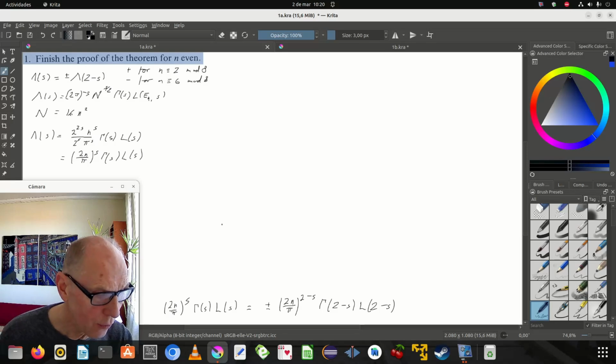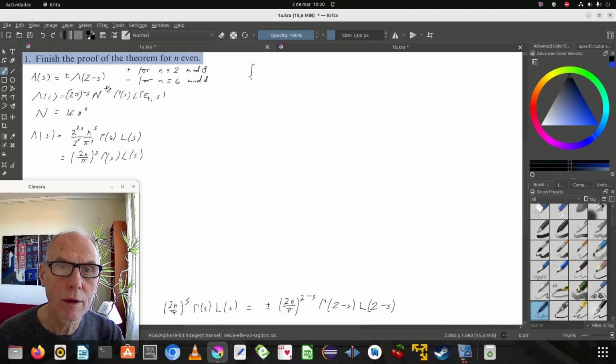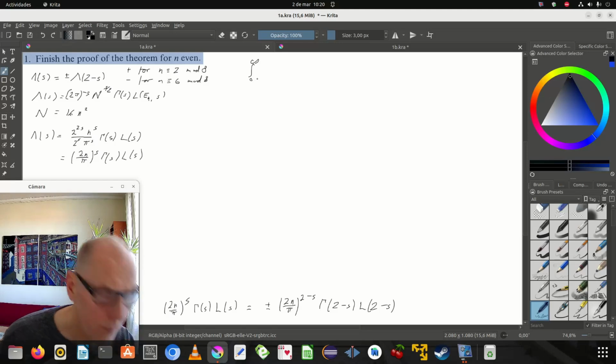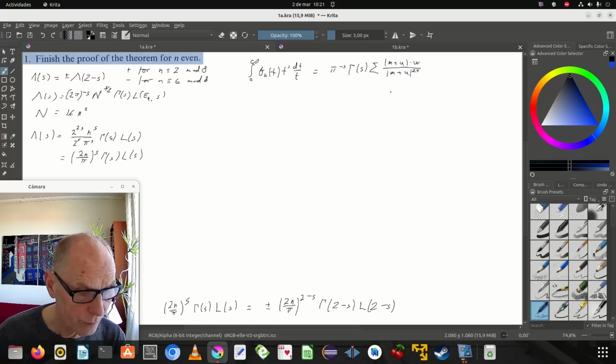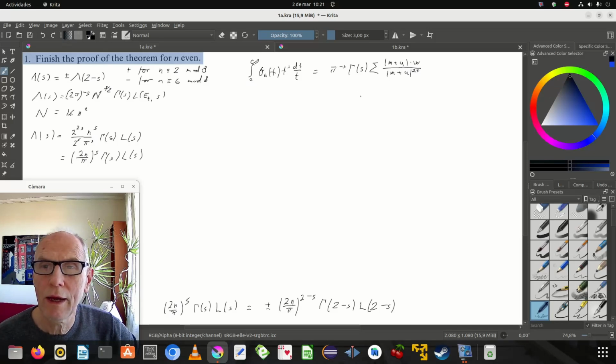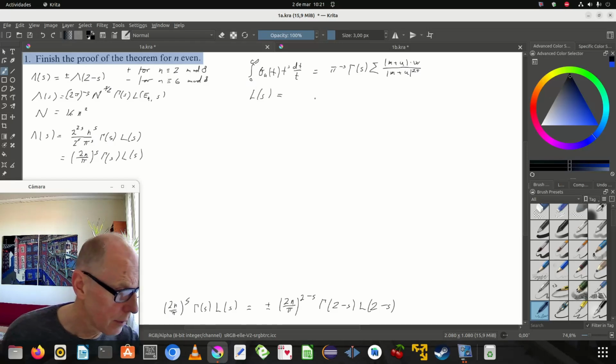They start taking the Mellin transform of theta sub u of t and reduce it to this, that should be compared to the definition of L. And where do we have that?